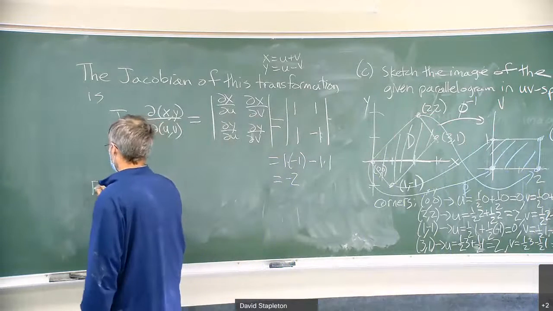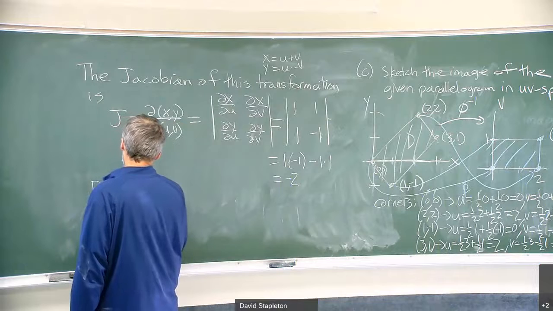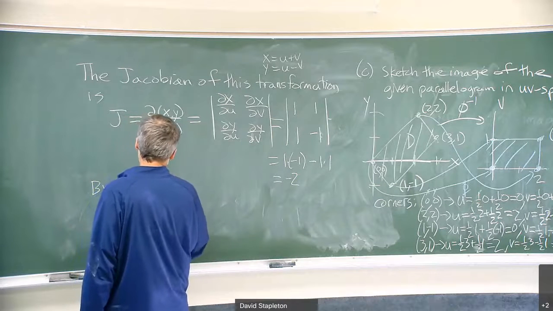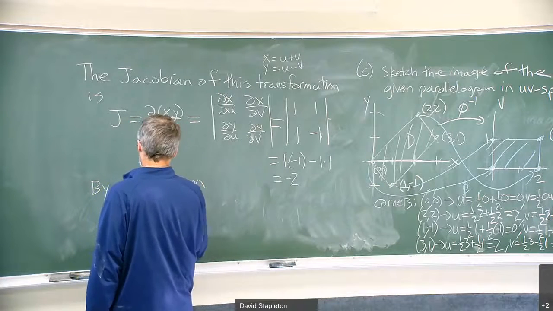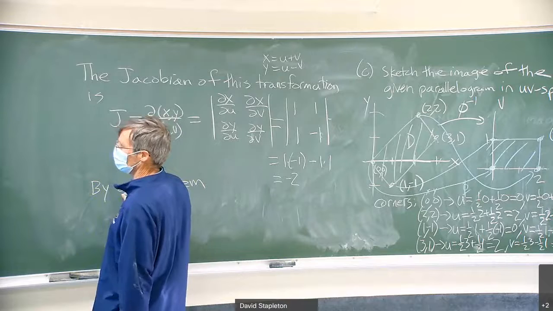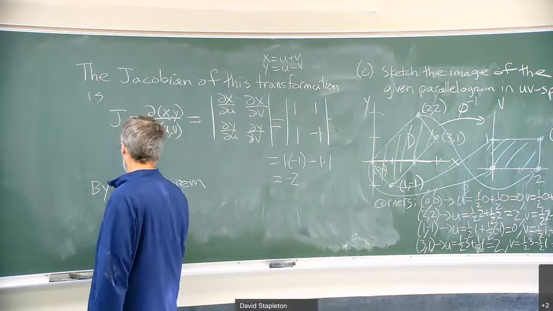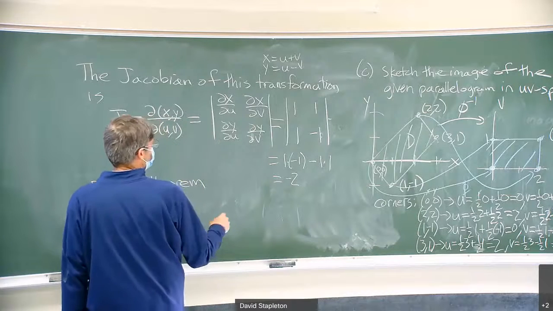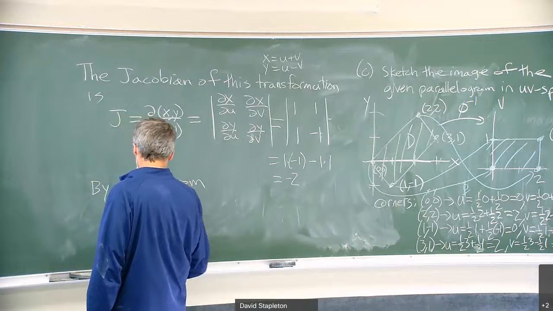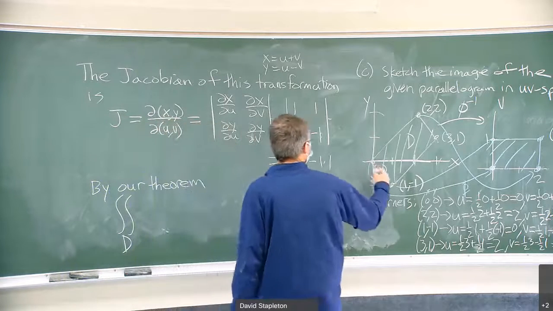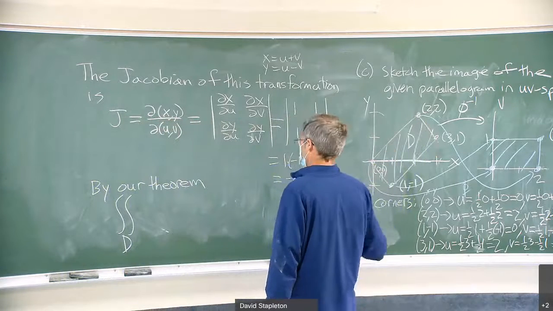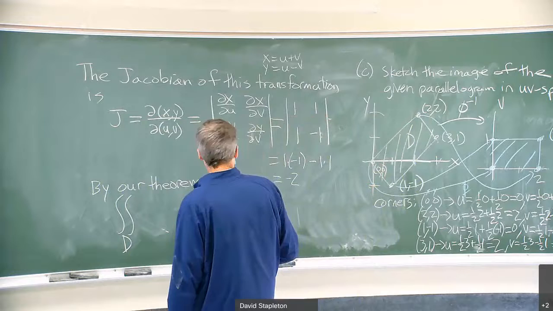By our theorem last time, if I want to take a double integral over this plane region D in XY space, it's actually a tilted rectangle, but in general it might be something else.